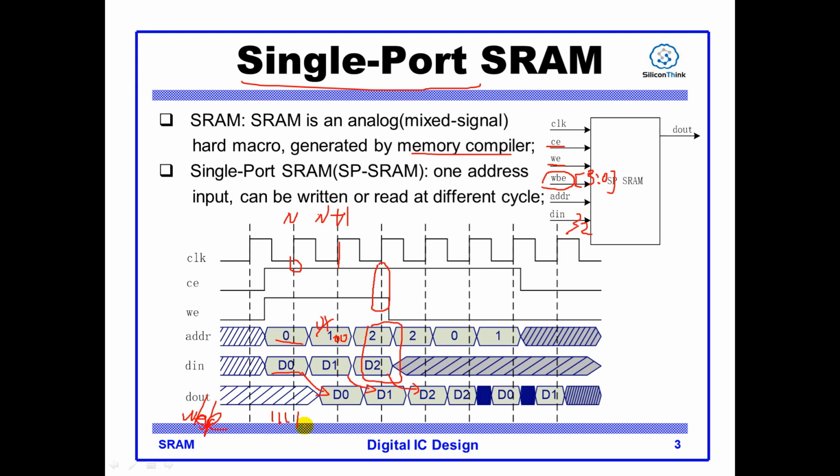But for this cycle, if we give a smaller byte enable, only the least significant 8 bits, the lower 8 bits, will be updated, and for bits 31 down to 8 in the SRAM, the value will be kept in the SRAM macro and not changed. So this is the function of write byte enable.